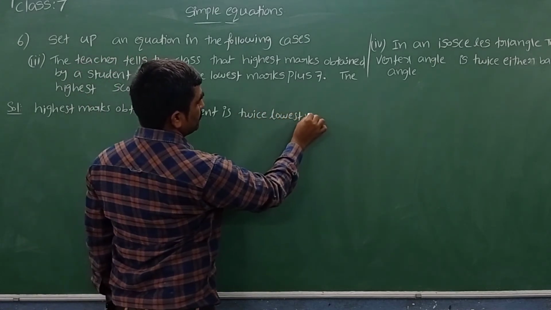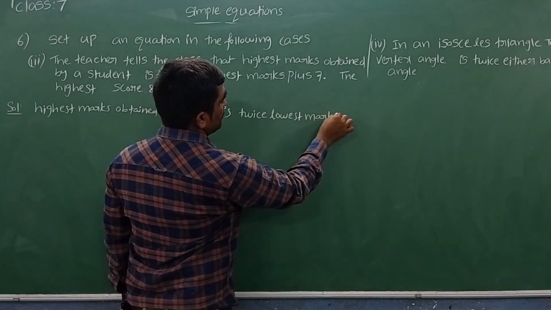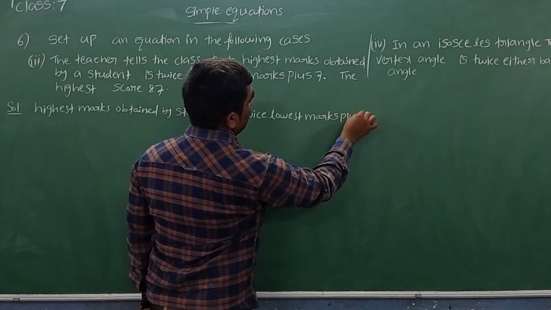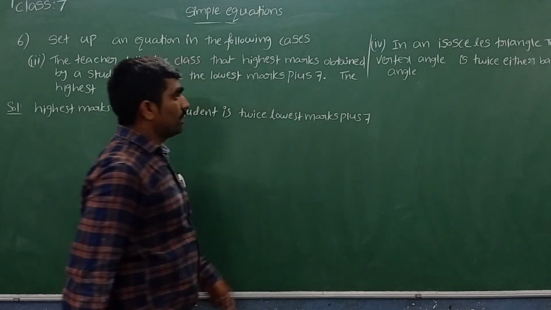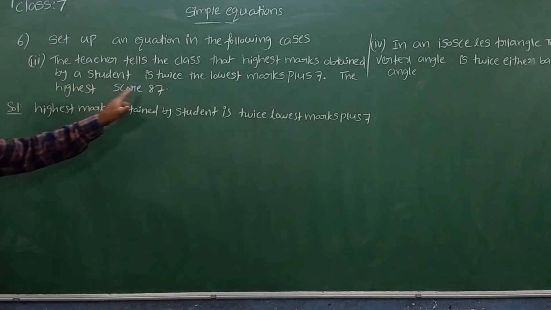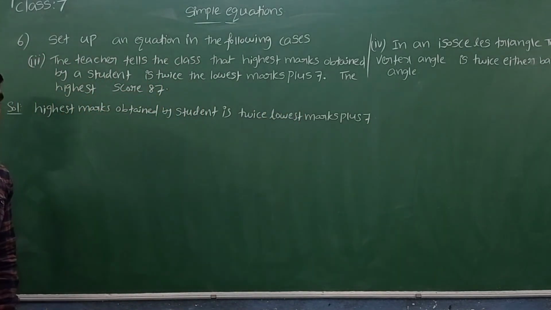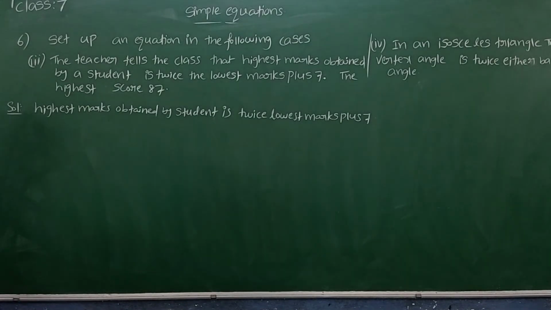And also they said the highest mark is how much? The highest score is 87. With the help of that we need to write an equation. See once here please.